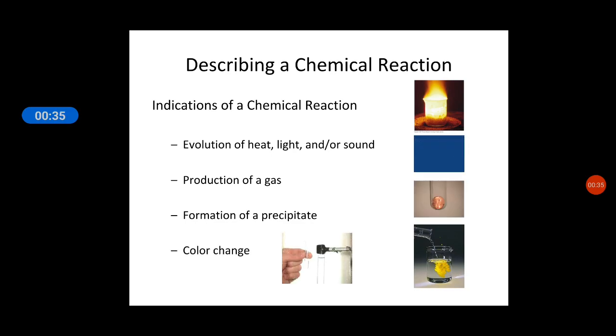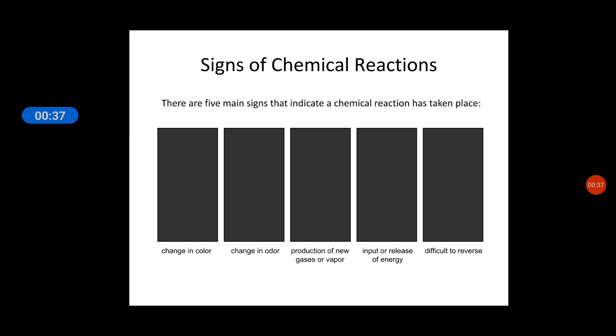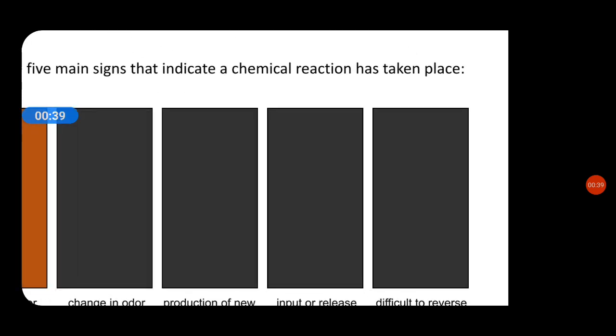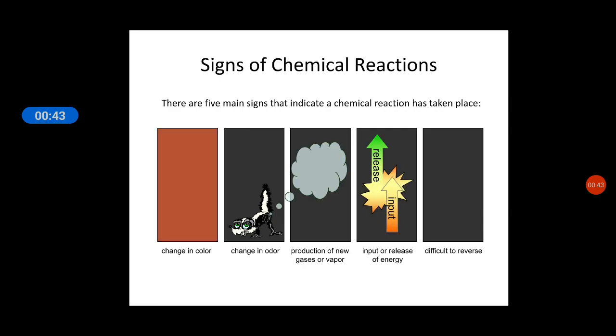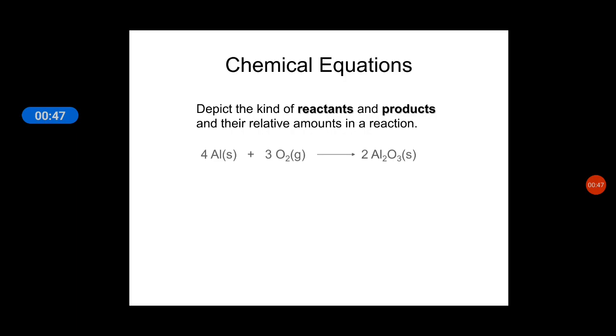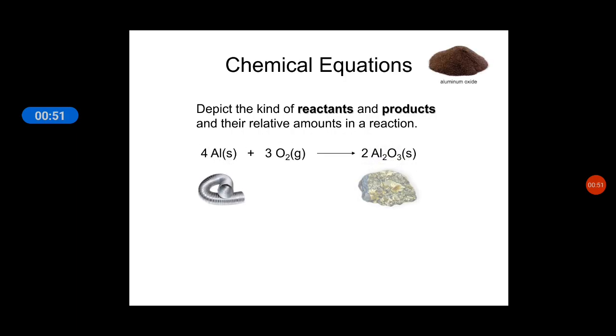Then we finished with the signs of the chemical reaction. Then chemical equations, the example I had given to you about the aluminium oxide.